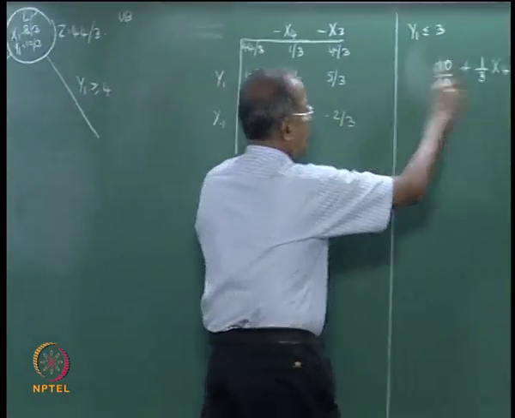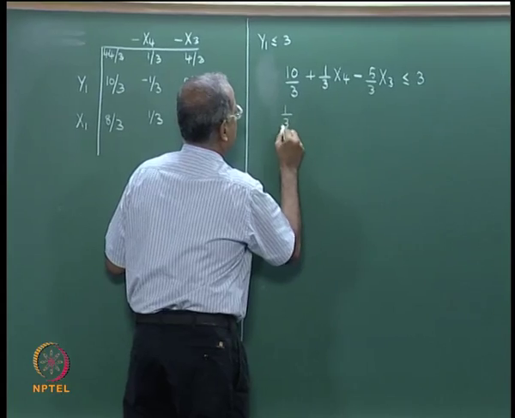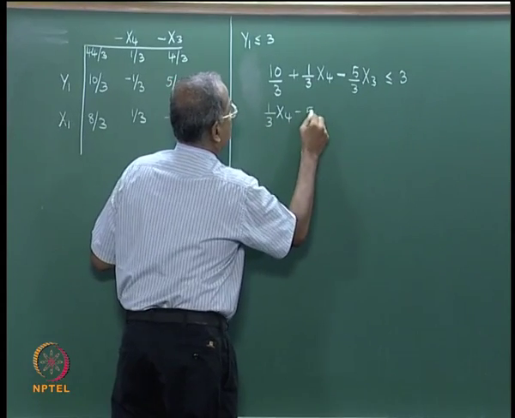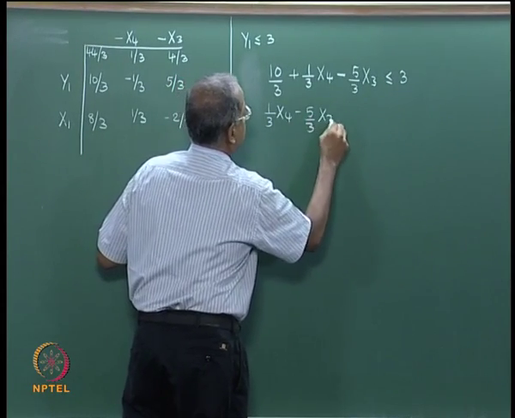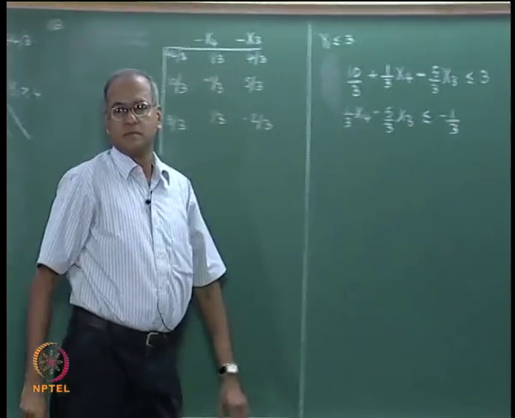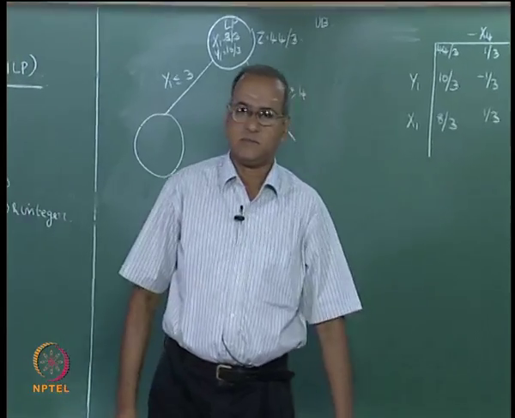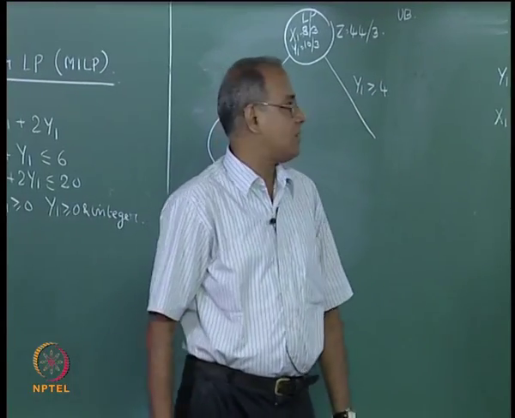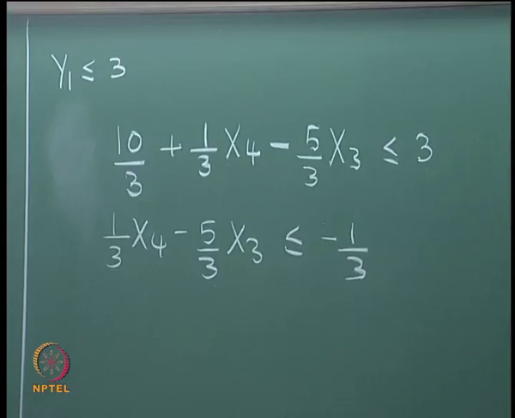Now, take this to the other side, you get 1 by 3 x4 minus 5 by 3 x3 is less than or equal to minus 1 by 3, since 3 minus 10 by 3 is minus 1 by 3.